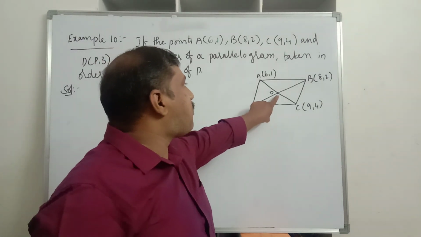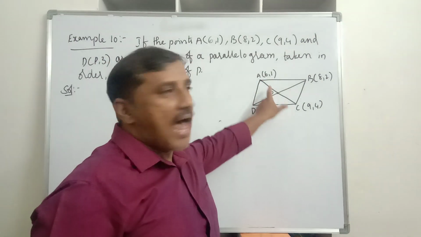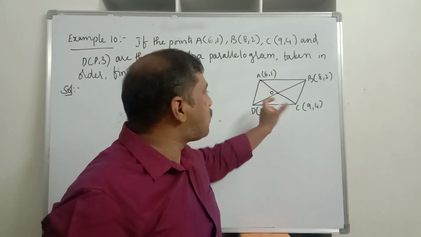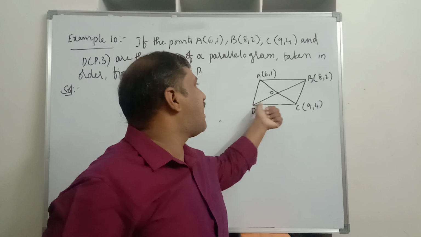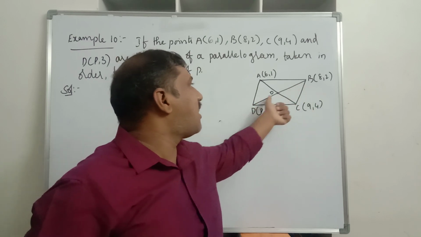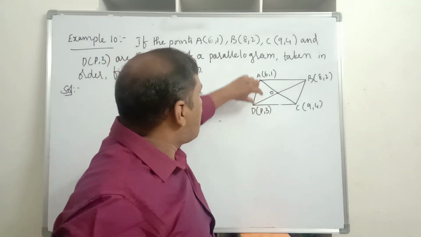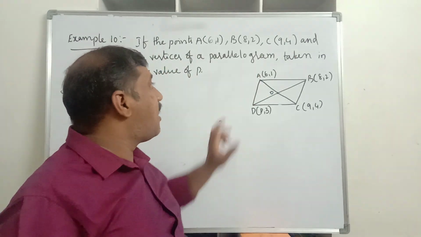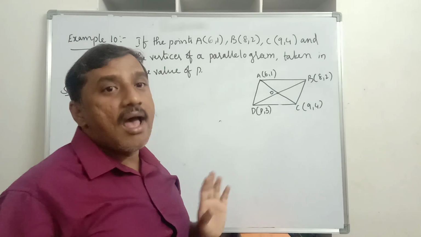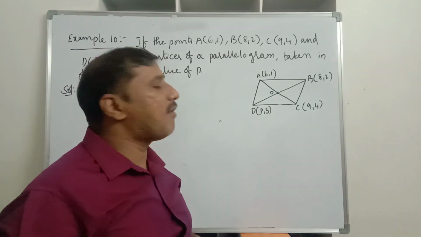O is dividing AC into two equal parts, OA and OC. Similarly, O is dividing the diagonal BD into two equal parts, so OD equals OB. So O is the midpoint of AC as well as the midpoint of BD.